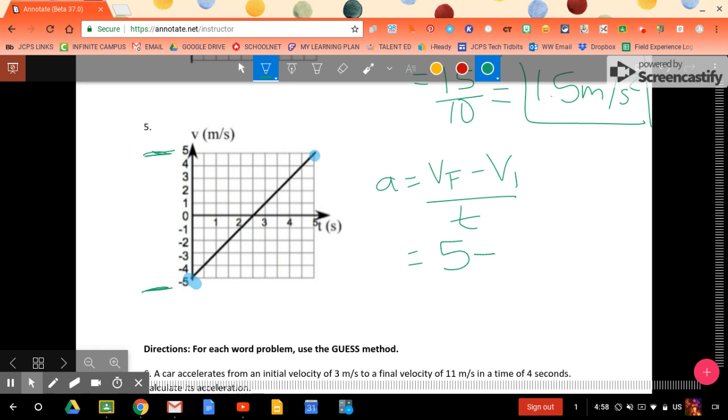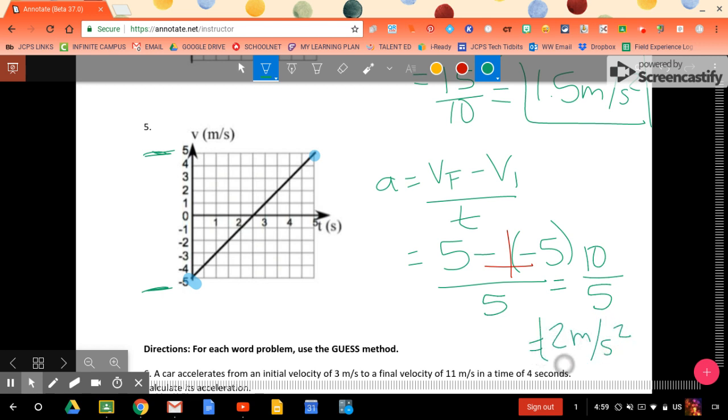So make sure you do minus a negative 5. If you remember from math, subtracting a negative changes into a positive. Okay? And then that is all happening in 5 seconds. So you have 10 divided by 5. So your acceleration is 2 meters per second squared.